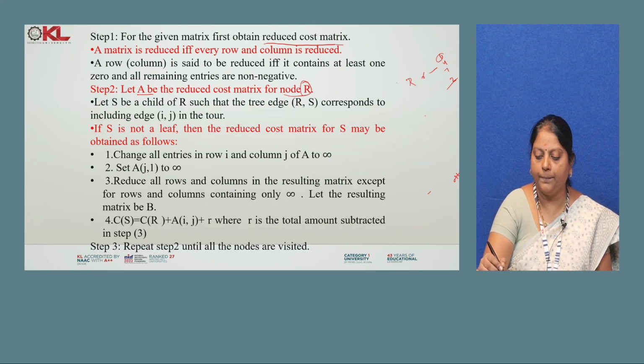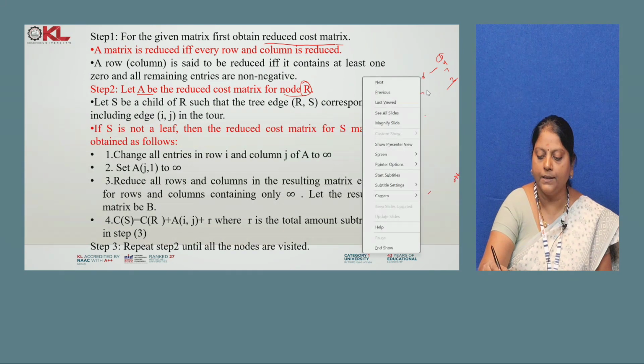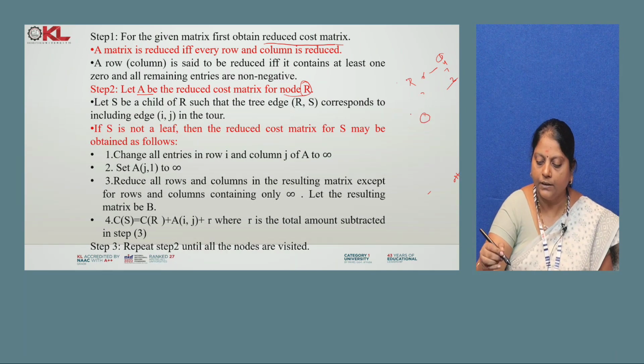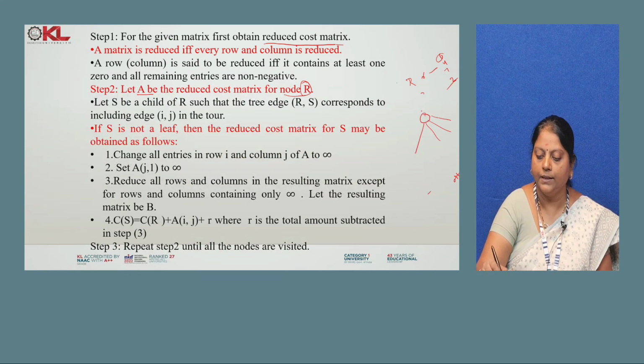In the branch and bound technique, the solutions can be represented by a tree. This is called the state space tree. This is called the root node. The root node is initially called a live node. What is a live node?